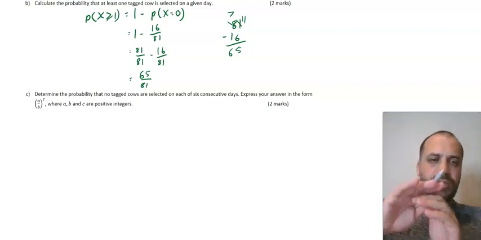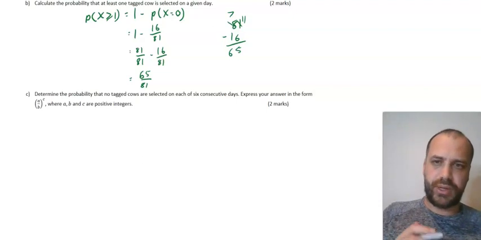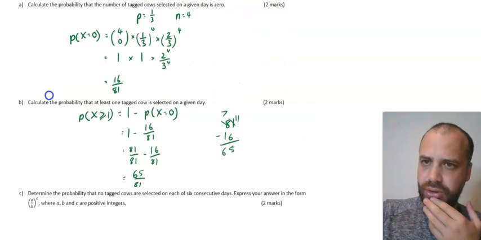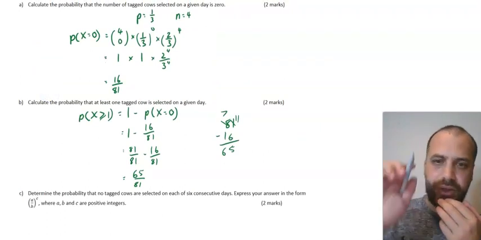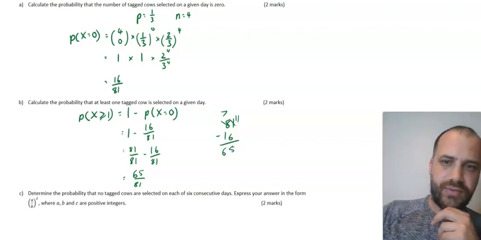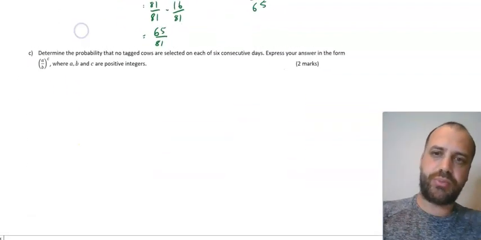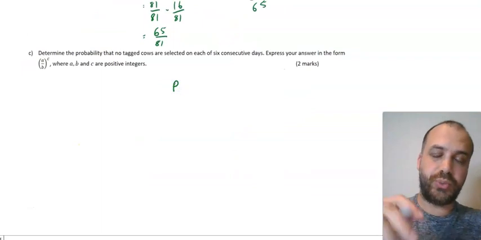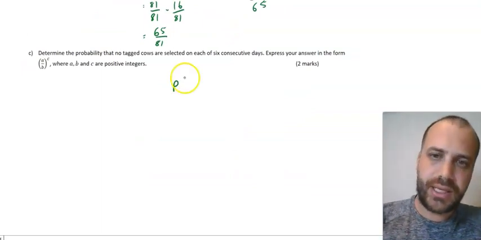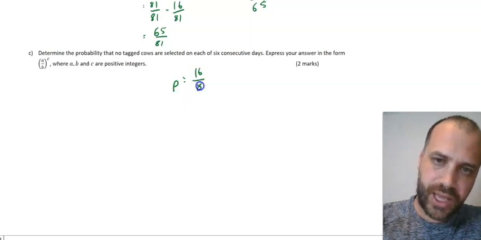So now we're doing a different binomial experiment where we're saying, okay, we know that the probability of getting no tagged cows on one day is 16 out of 81. So the probability of success, getting no cows, is now 16 over 81.